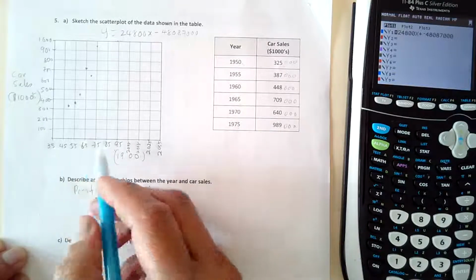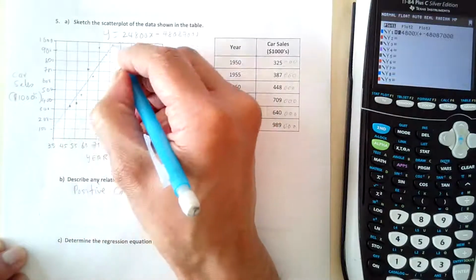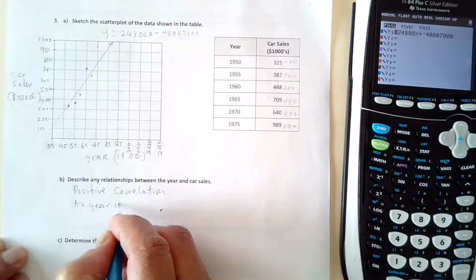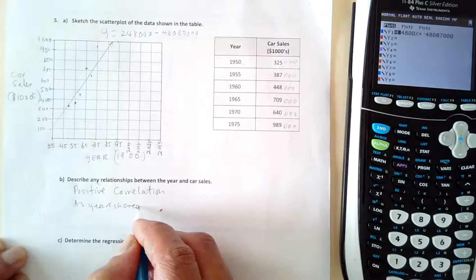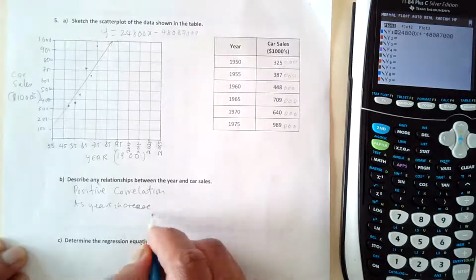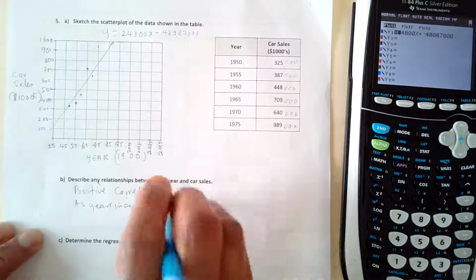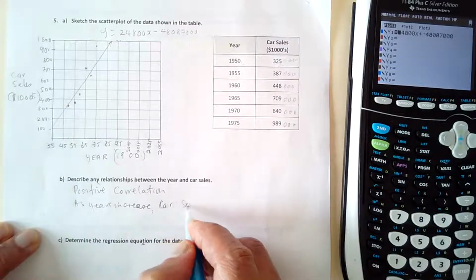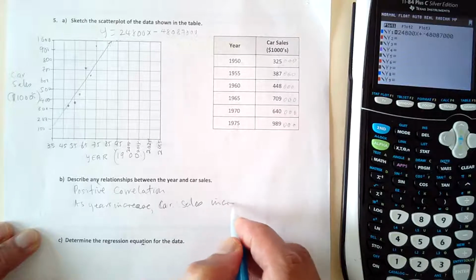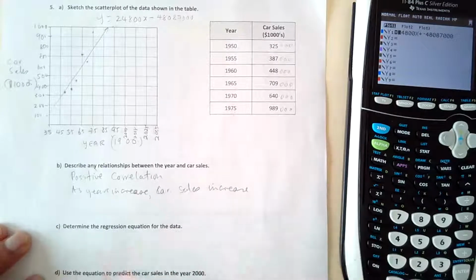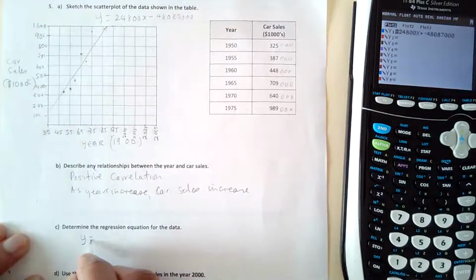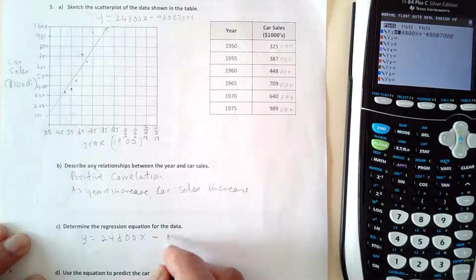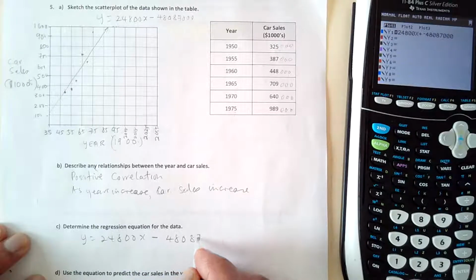As the year increases, so this is my line of best fit, as years increase, car sales increase. And we have our regression equation, y is equal to 2048x minus 48,087,123.